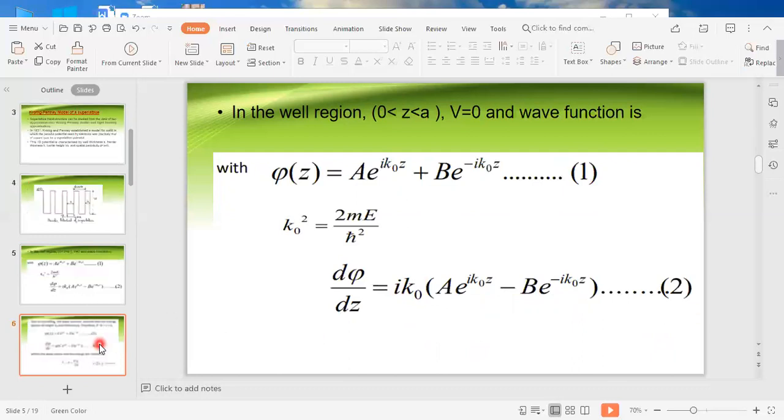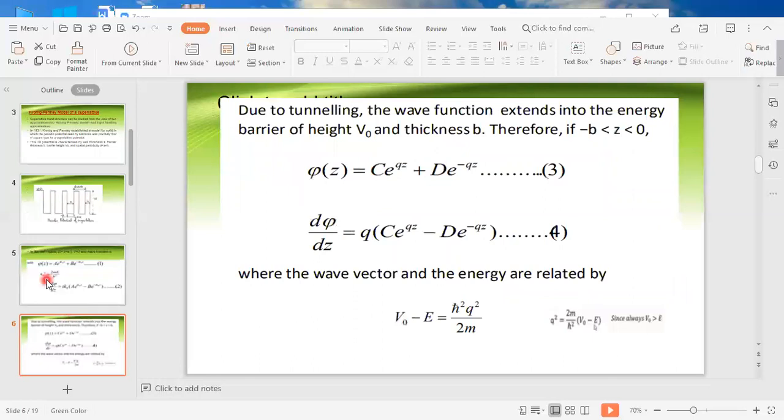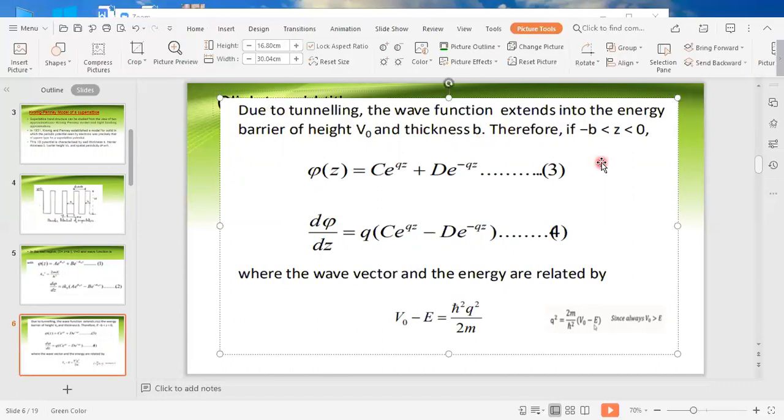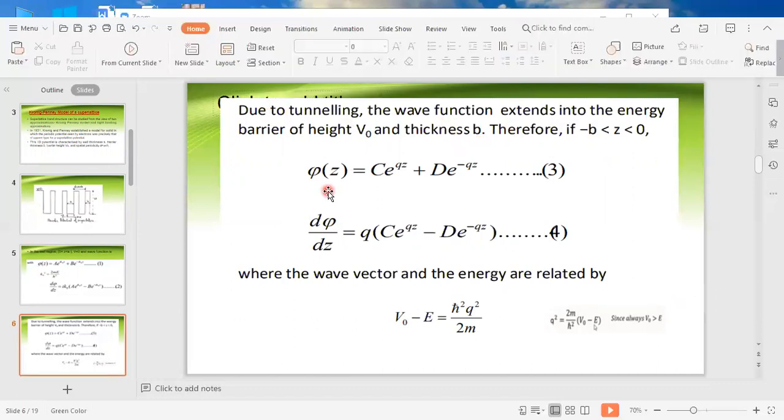Now for the next wave, which is there in the barrier, due to tunneling, the wave function extends into the energy barrier of height V naught and thickness B. So in the barrier, which is minus B less than z less than 0, similarly when we apply the Schrodinger's wave equation, we get the solution as phi of z is equal to C e raised to qz plus D e raised to minus qz.